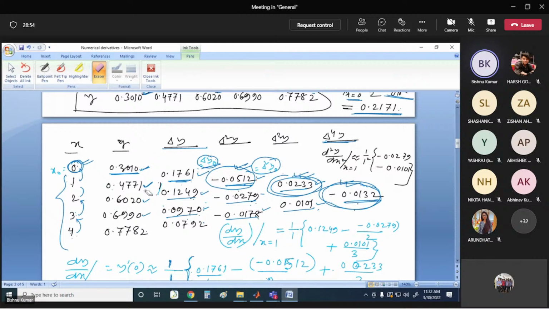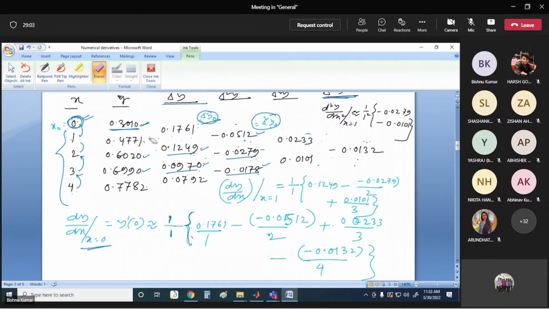Now I am coming to another logic which is very important to remember. Second derivative you may also be able to calculate.